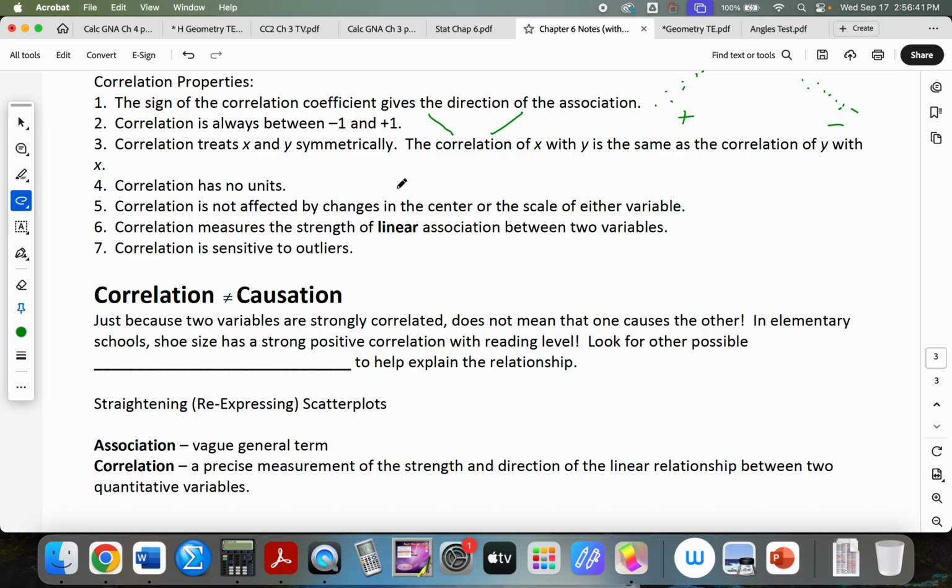It doesn't change how closely it resembles a line. Also, if you change the scale and you spread it out more, it still isn't going to affect the correlation. That's a little bit counterintuitive, but it works. Okay, partly because the very first thing you're going to do is do a z-score. And when you spread it out, you get a larger standard deviation, which is what you're dividing by. And so the z-score isn't going to change.